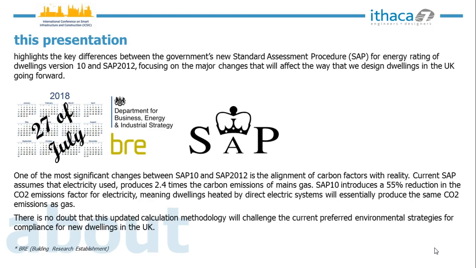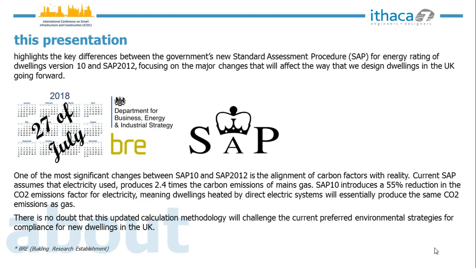SAP 10 has introduced a 55% reduction on the carbon factors for electricity. What we mean by that is we believe nowadays that in the UK we're quite green in producing electricity, and that means the network is potentially as green as using gas to heat.